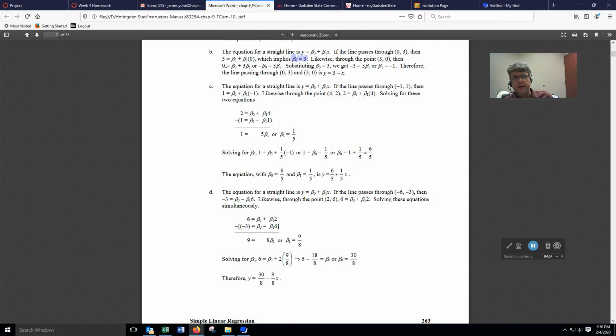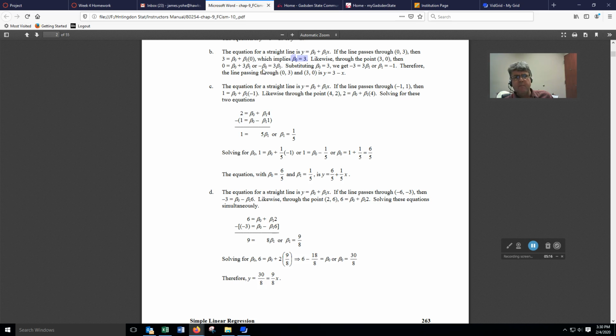So I stick 0 in for y into this y equals beta naught plus beta 1x equation. I stick 0 in for y from this point that it passes through. I have beta naught plus 3 times beta 1. Okay?